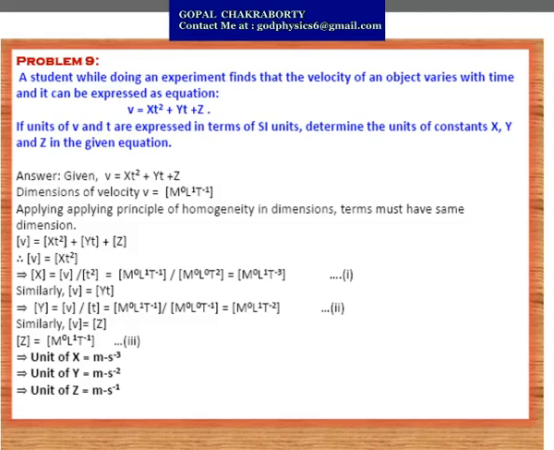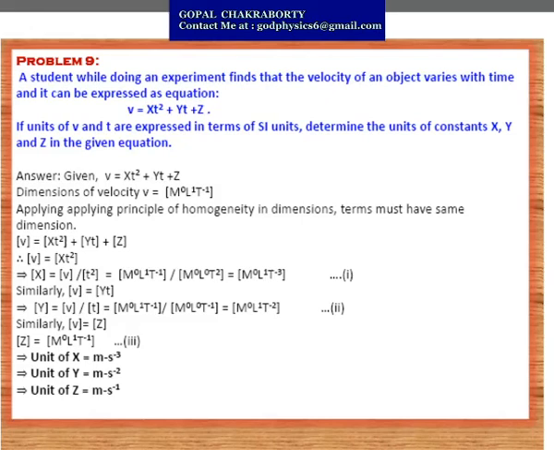Now the next problem. A student, while doing an experiment, finds that the velocity of an object varies with time, and it can be expressed as the equation v equals x t square plus y t plus z.